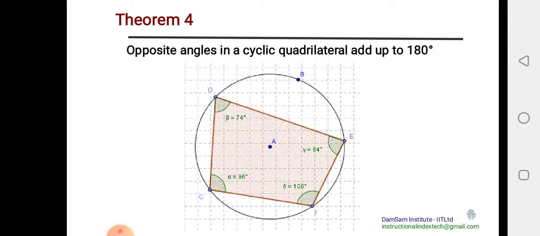It is a quadrilateral inside a circle, where all 4 corners touch the circumference of the circle. As we can see, angle at point C plus angle at point E, when we sum them up, must be equal to 180. Angle at point D and angle at point F, when we sum them up, must be equal to 180.